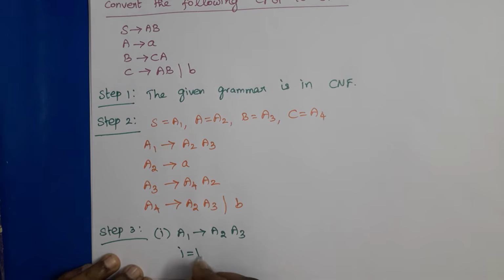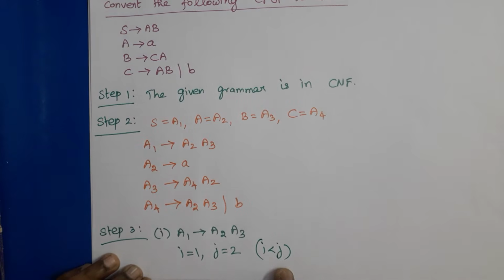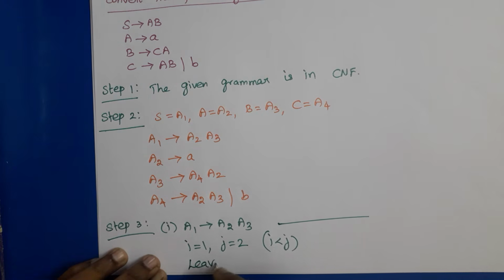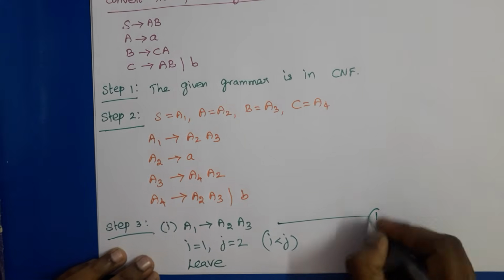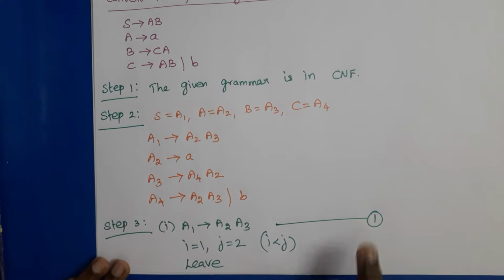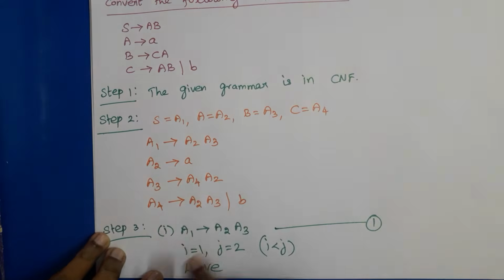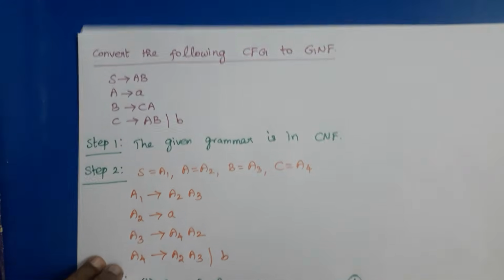So here i is 1 and j is 2, right? So i is less than j. i less than j means we need to leave the production as such. So don't do any operation. So assume that this is equation number 1. This will be converted into GNF format at the end.